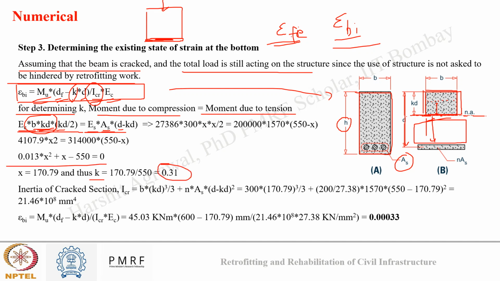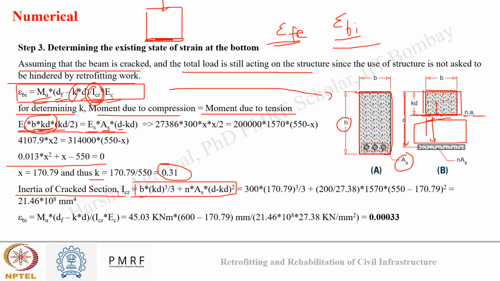Once we know the value of k, we just need to determine the inertia of the cracked section. It is given by this relationship. You can remember this relationship, or you can derive it when needed. It is given by b times (kd) cubed by 3 plus n times A_s times (d minus kd) squared. We know all the values: b, k, d, n and A_s.